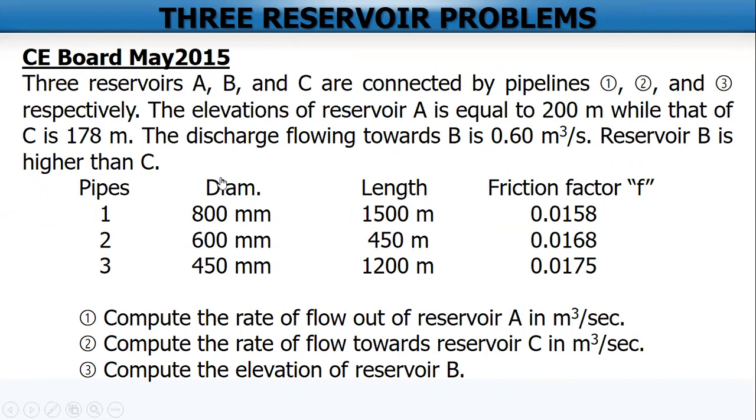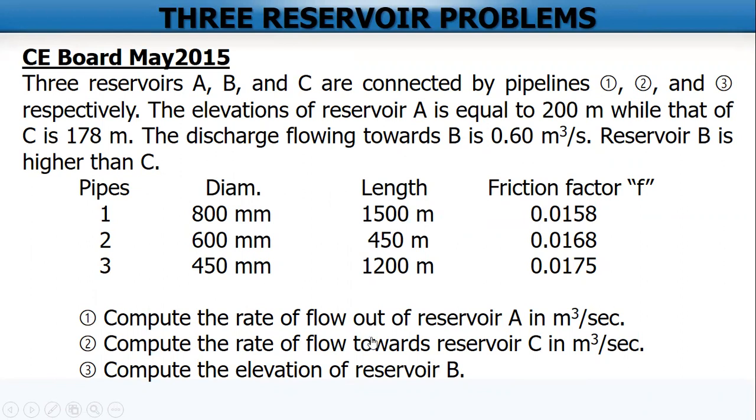Okay, the discharge flowing towards B, take note towards B. Therefore, B will receive water. The discharge flowing towards B is 0.6 cubic meters per second. Reservoir B is higher than C. Properties sa 3 pipes, diameter, length, and friction factor.